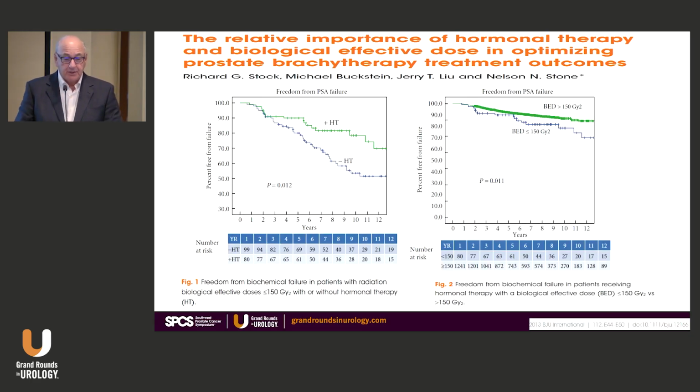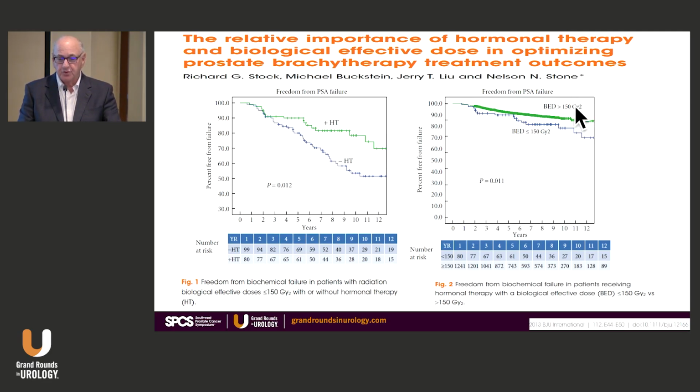So Richard and I got interested in looking at the effects of hormonal therapy and dosing, and this is a paper we published, I think it was 12 years ago. And first we said, okay, what does it look like if we give our patients hormonal therapy plus brachy or we don't? And you see the advantage of hormonal therapy there. And then we said, what about if we divide the doses and we separate the patients by higher dose versus lower dose?